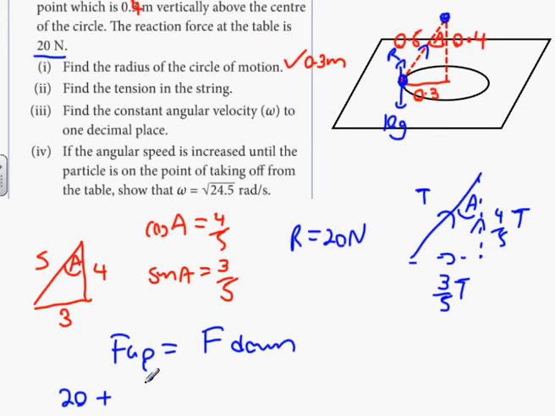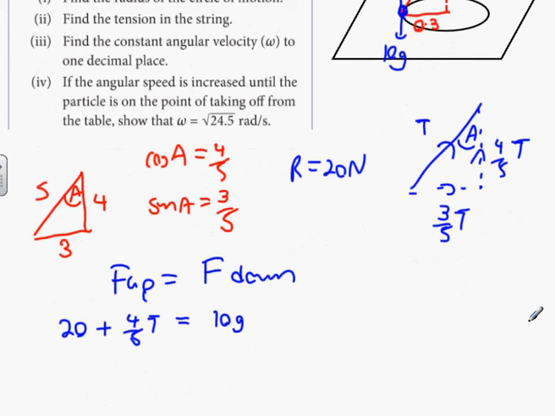Anything else causing it to stay up? 4 over 5 T. And then equals force down, 10g. And now we can find the tension straight away here. 4 over 5 T equals 10g, which is 98, by the way. 98 minus 20. 4 over 5 T equals 78.